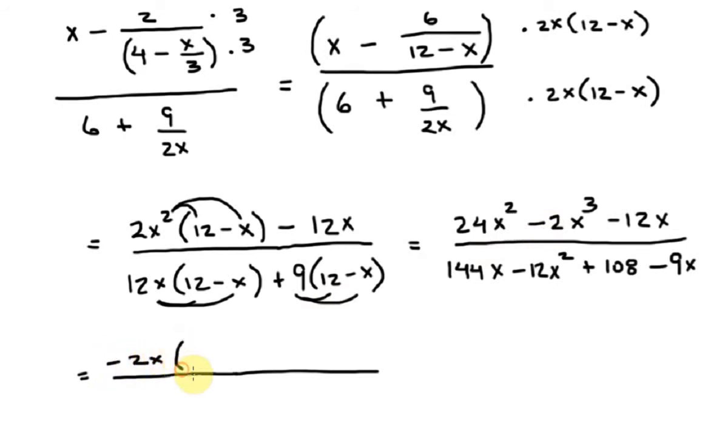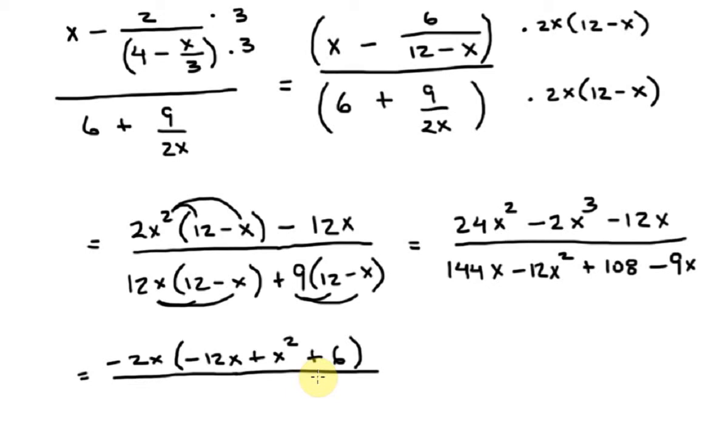So on the top, that's going to leave me with a negative 12x as well, right, to make positive 24x squared. Then I will need a positive x squared for the next term, and then the last one here is a positive 6. That's about as good as I can make it on the top.